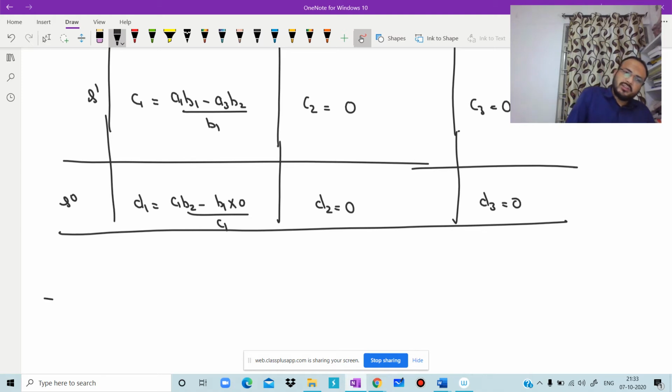So can I conclude one more thing? This method involves two steps.